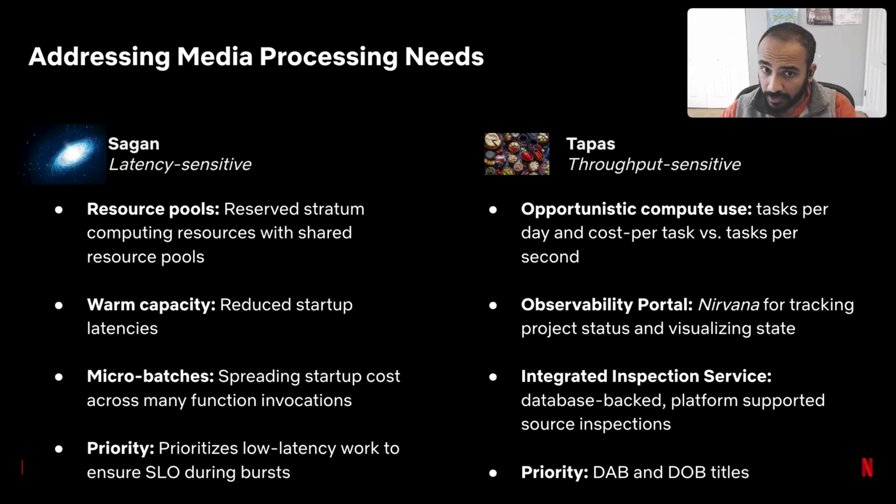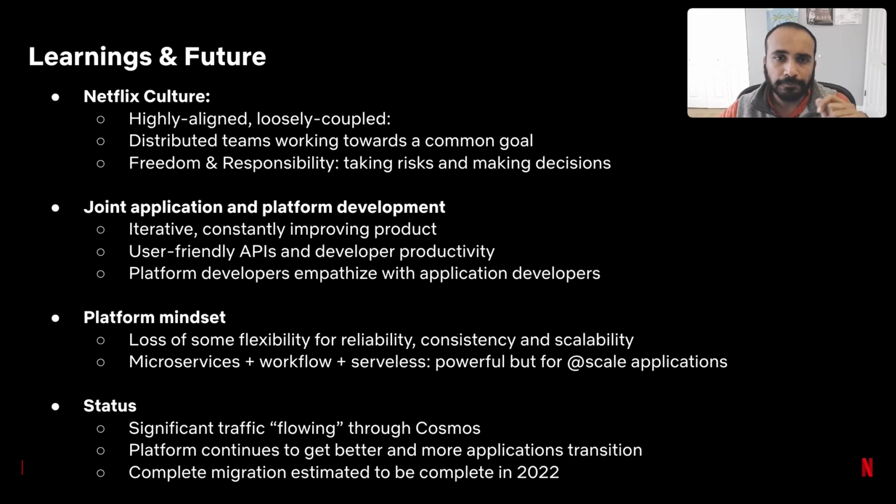Stratum, the serverless layer in Cosmos, is built atop the Titus container platform, which enables such opportunistic compute usage all across Netflix. Other features that Cosmos provides include prioritization of tasks using Timestone's priority queuing, which enables day of broadcast and day after broadcast titles to go live on the platform in a matter of hours, as well as Nirvana, which is our observability portal.